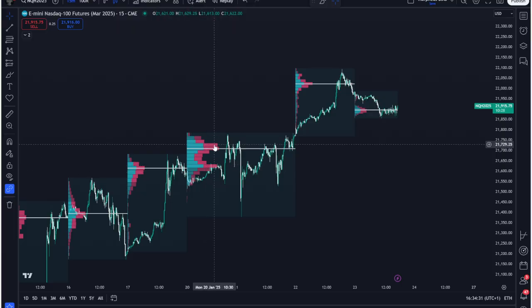So the auction is continuing to get higher. The market participants are willing to pay a higher price and are getting aggressive on Nasdaq because they expect a continuation of upside momentum.